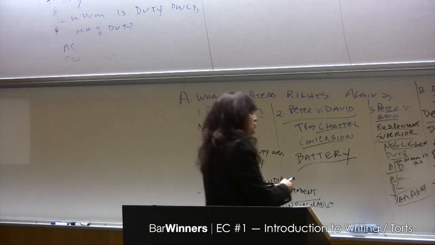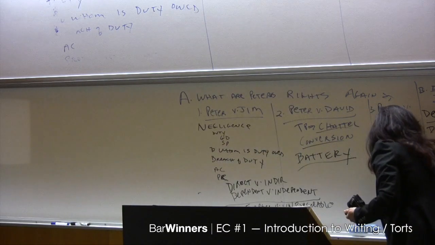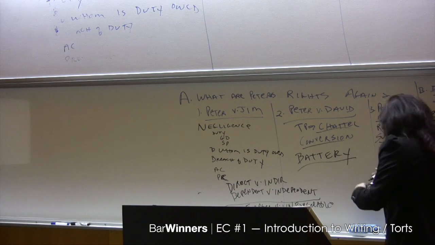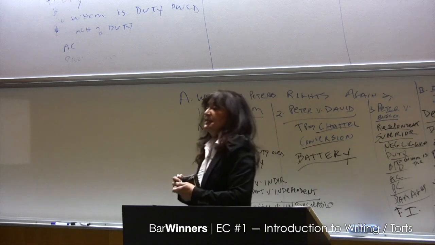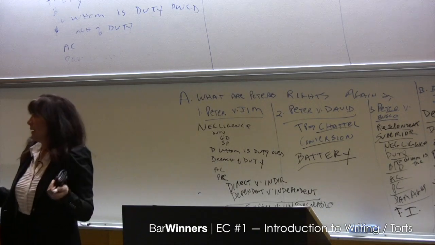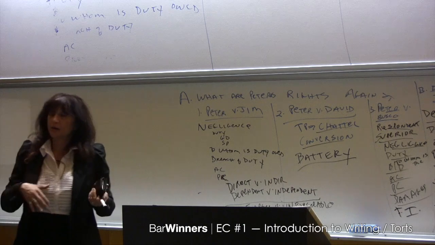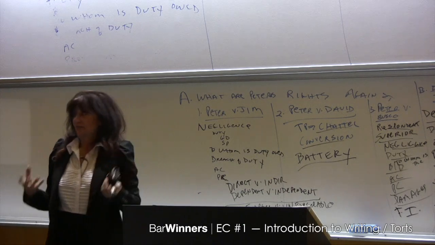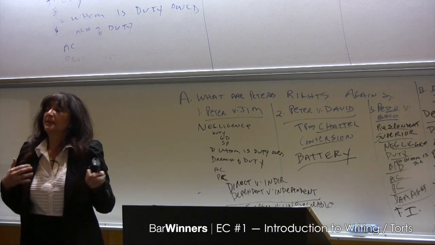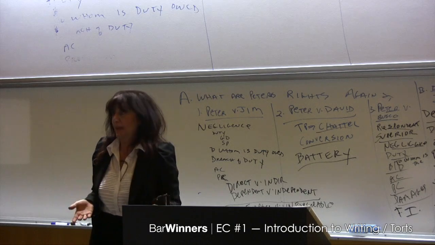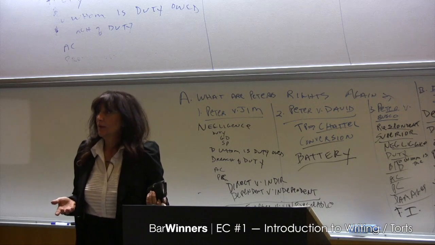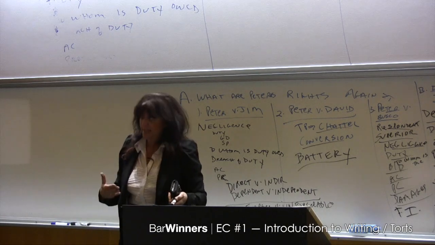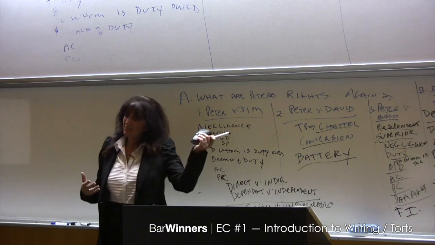So under Peter versus Busco is false imprisonment. And false imprisonment is the intent to confine to a bounded area. Here, the bus driver confined him to a bounded area because he wouldn't let him off the bus until he paid the bus fare. Are there any defenses to this false imprisonment?